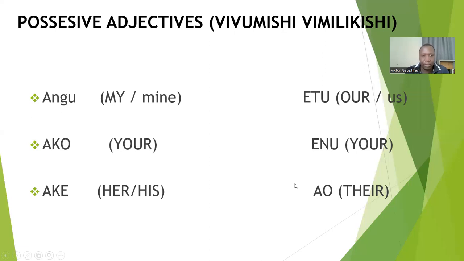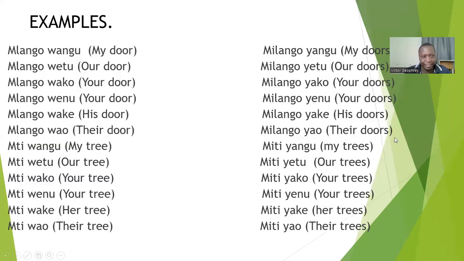If the noun is in singular, what do you do? You add w: wangu, wetu, wako, wenu, wake, wao. Simple. Plural, add y. Singular, add w. Okay, let's see examples.